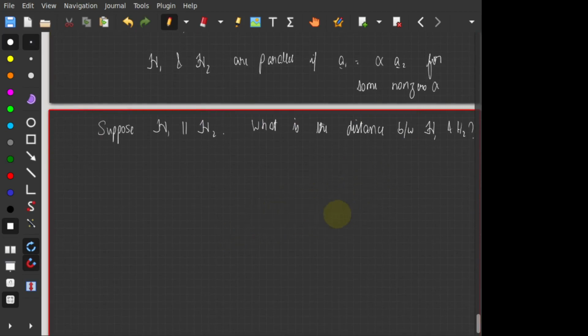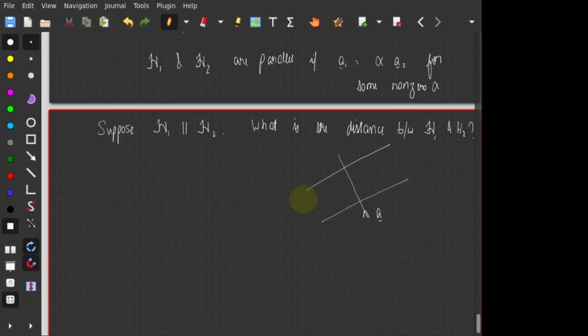So let's look at the picture. You have these two hyperplanes which are parallel to each other, and you have the vector which is normal. This is the ray defined by the vector A. If you had to find the distance between these two hyperplanes, just by looking at this picture, how would you do it? Find the intersection points.